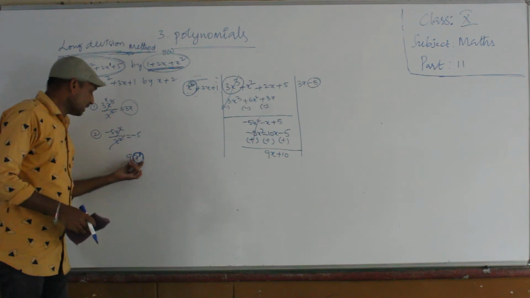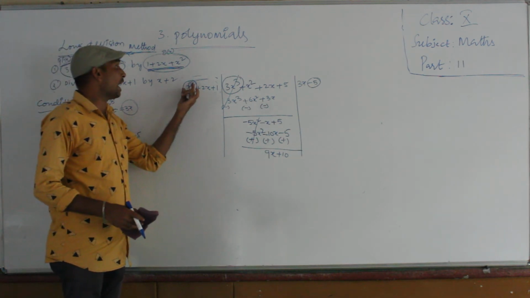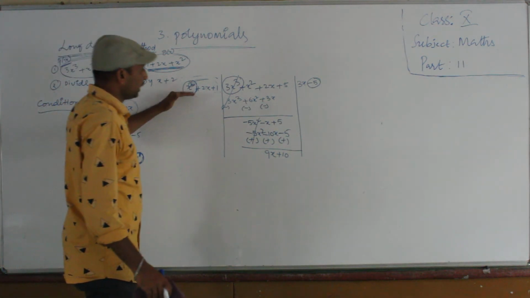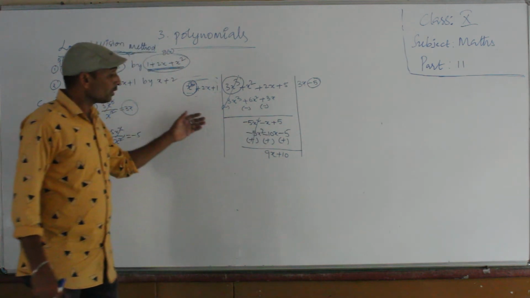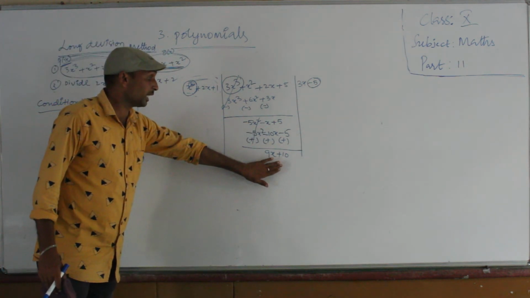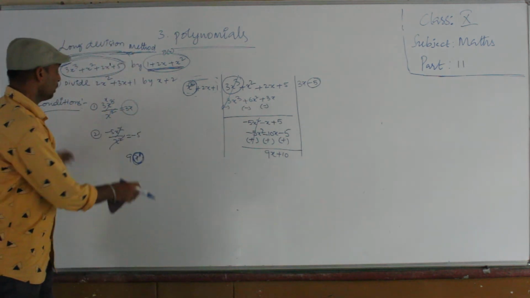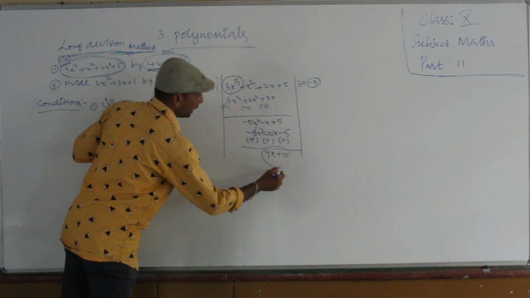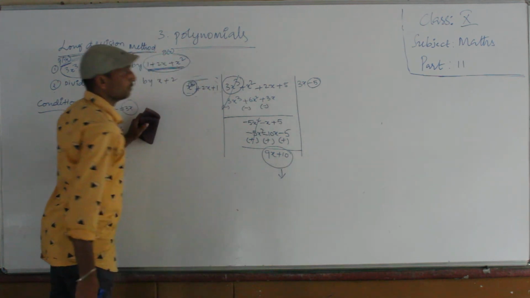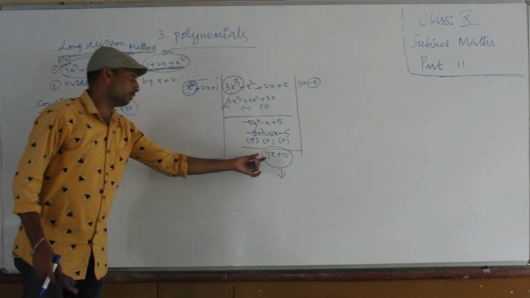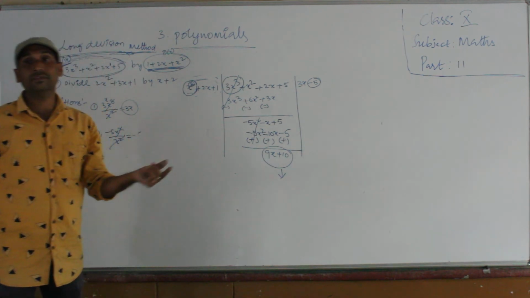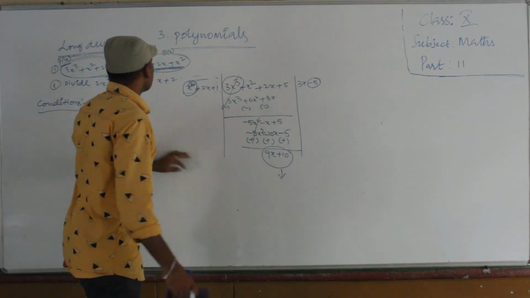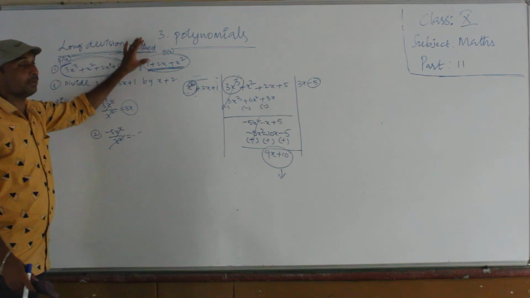So this power 1 is less than power 2, so we cannot go to the next step. This is the final step, and this is the remainder. We can't go further because the remainder is less than the divisor. So this is the process to find the long division method.